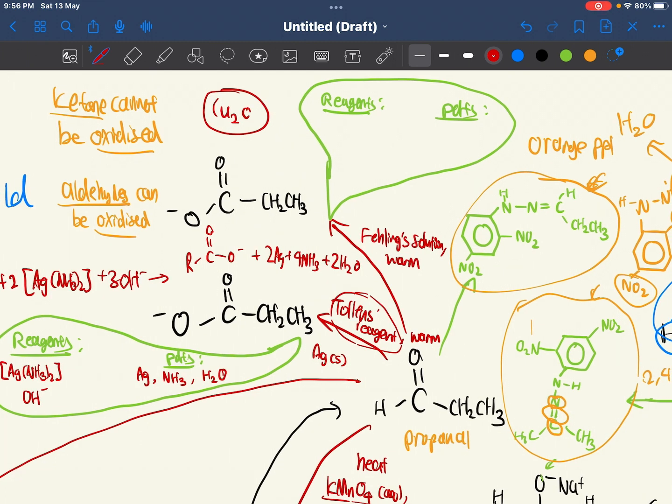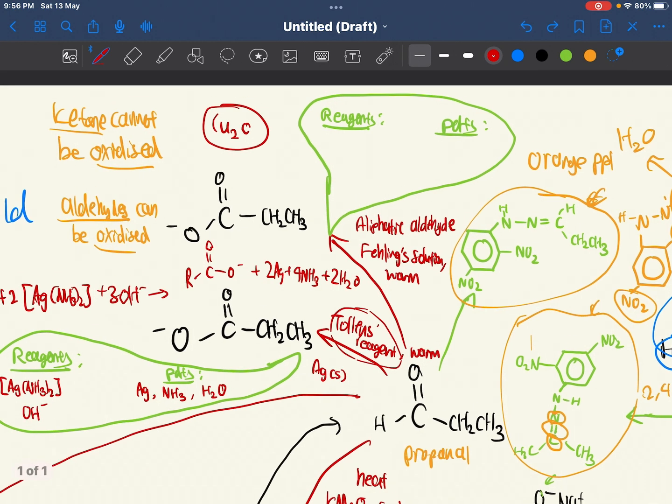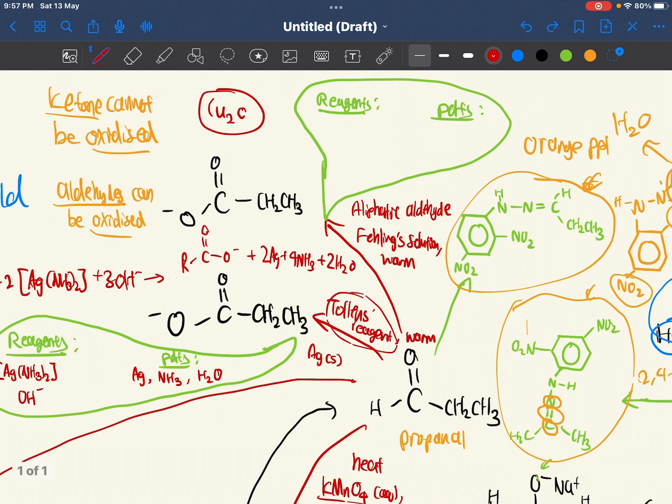So the thing about this is that it can only oxidize aliphatic aldehydes. So an aliphatic aldehyde is something like this. This is an aliphatic aldehyde. So we have a straight chain carbon.